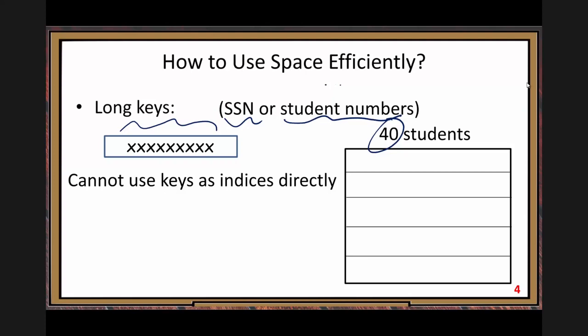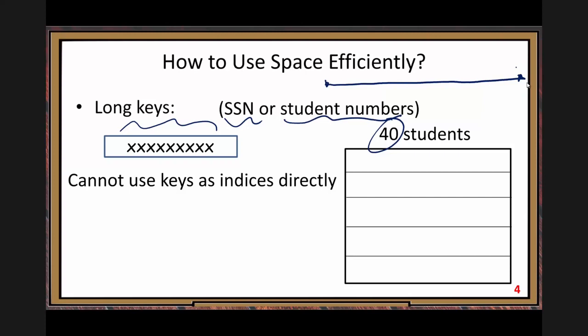Think about it. Suppose you use an index to store, let me draw this line segment as the array. It's quite long, because you need to use the student number as the index. That's how many digits? Seven or eight digits, right? That long.